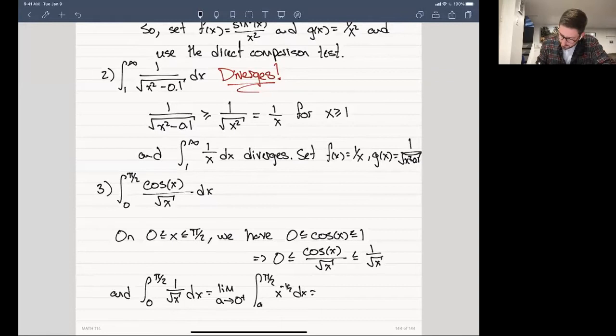Okay, so in this case, this is the limit as a goes to 0 from the right of 2 root x, sorry, from a to pi over 2. We can see that the lower limit is going to disappear. The upper limit is going to be 2 times the square root of pi over 2.